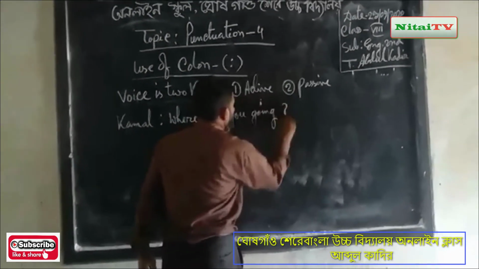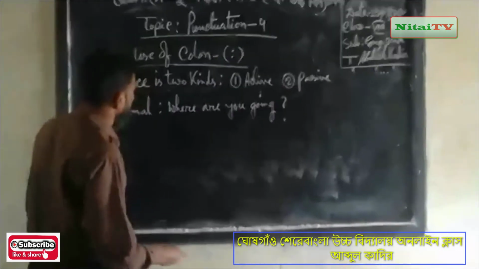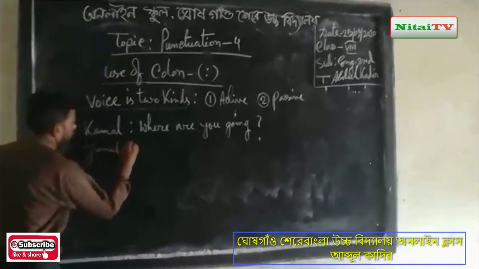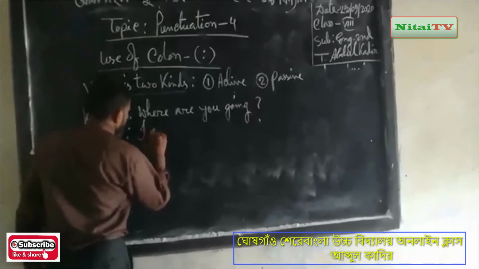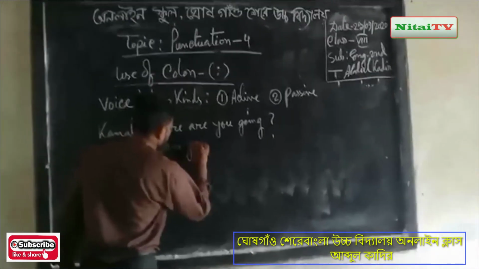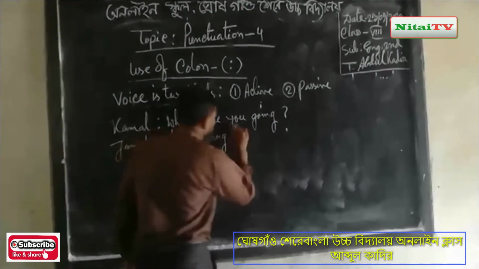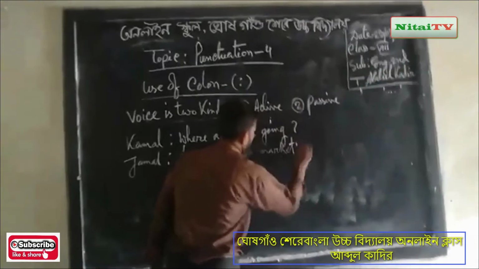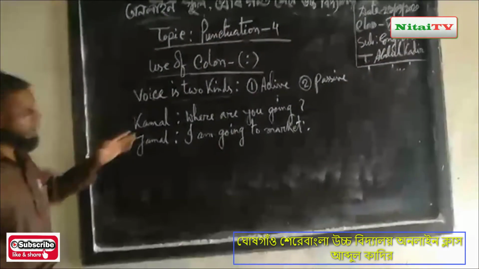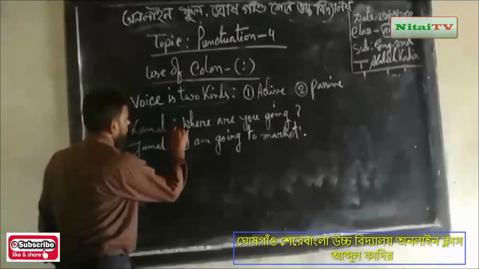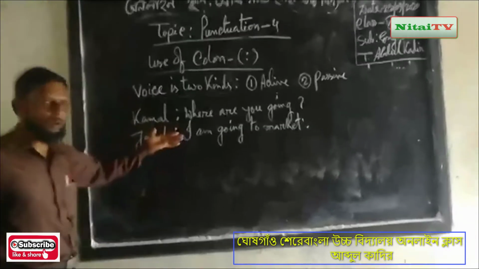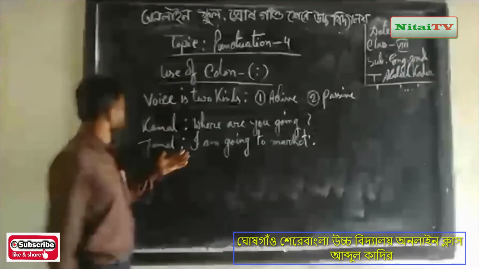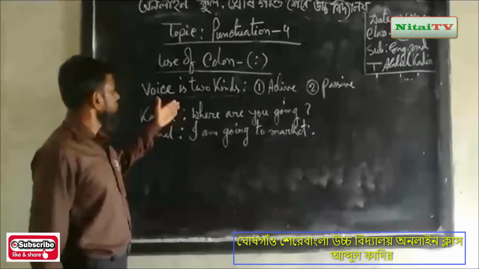Where are you going? Jamal: going to market. Follow the two sentences. Here I have used colon in this. Here we use colon.